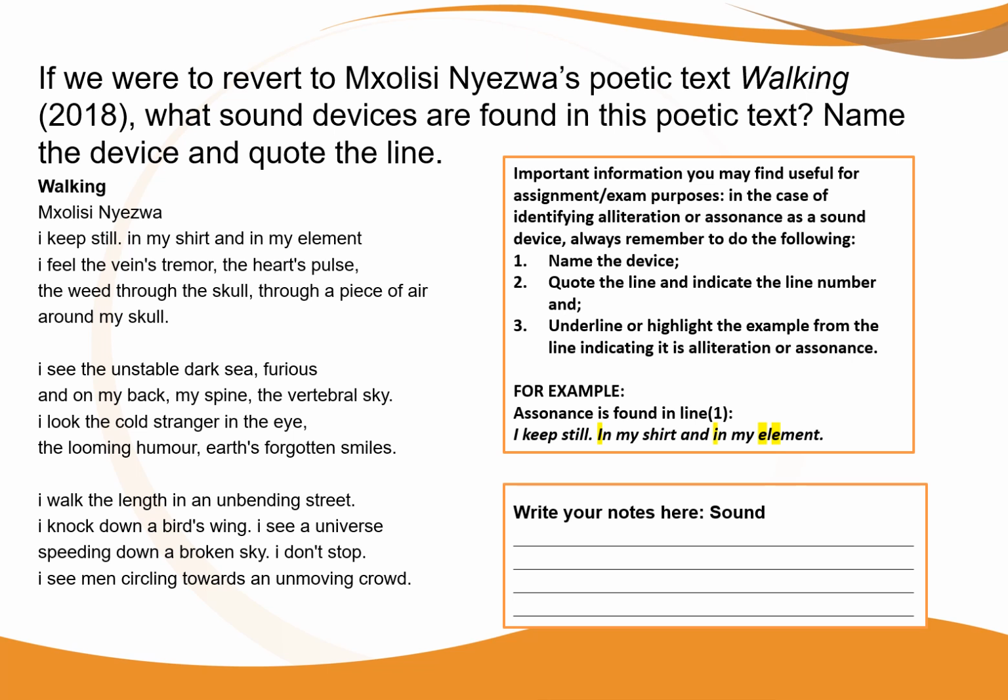Okay, so see if you can take some time and read through this poetic text and identify what are the relevant sound devices that Nyezwa has applied in this text. And also, can you identify examples of the vertical sound pattern or the horizontal sound pattern?